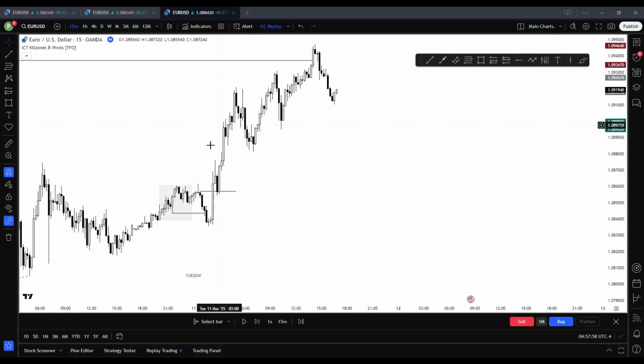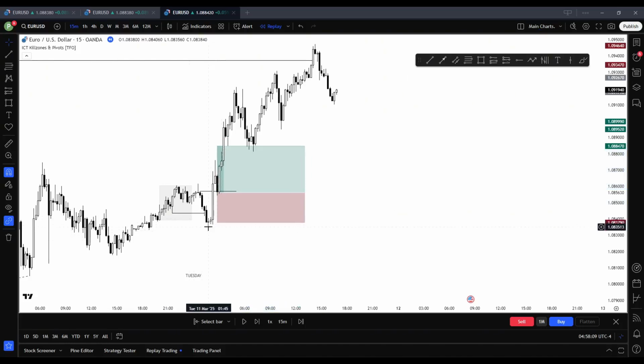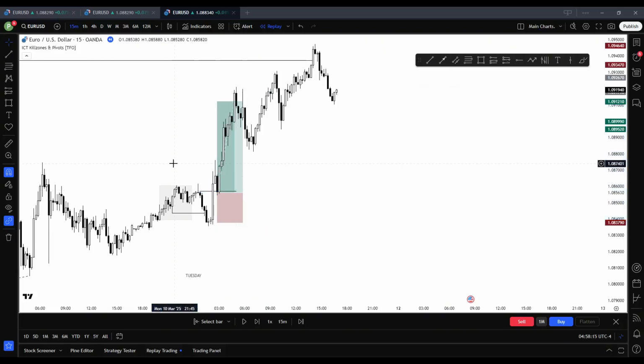This is exactly how your trade would have looked. My entry was right here at the open of this order block with my stop loss below this order block, and I had a fixed target of 3:1 ratio, right? This is exactly how my trade looked.